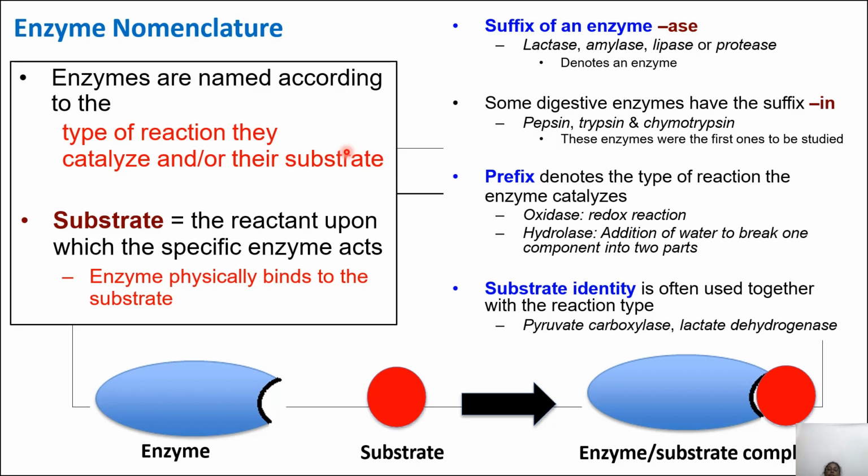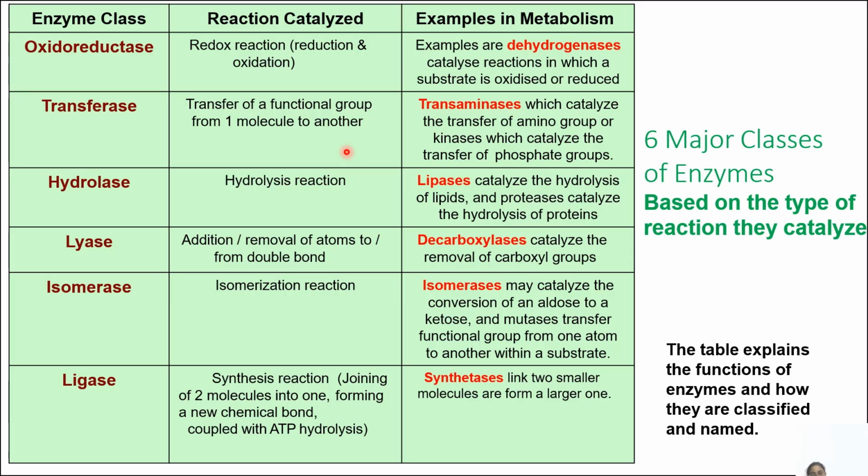A prefix denotes the type of reaction the enzyme catalyzes, like oxidase for a redox reaction. Hydrolase is the addition of water to break one component into two parts. Then we have substrate identity, often used together with the reaction type, like pyruvate carboxylase and lactate dehydrogenase.